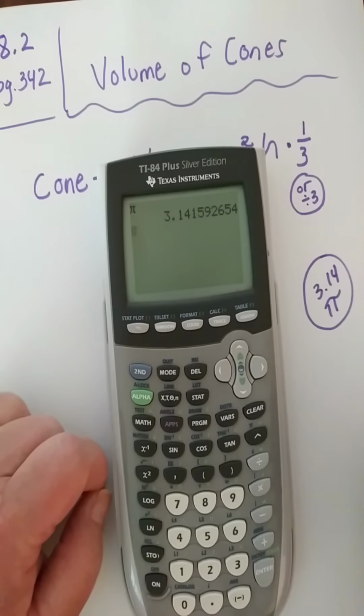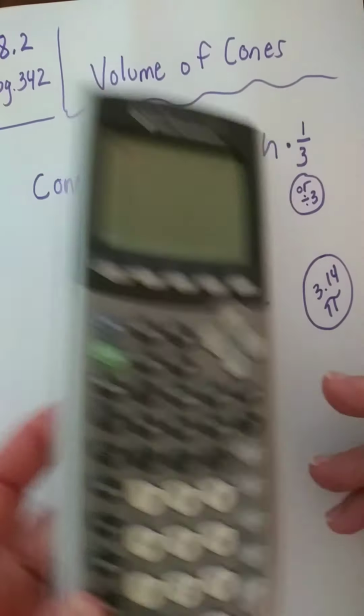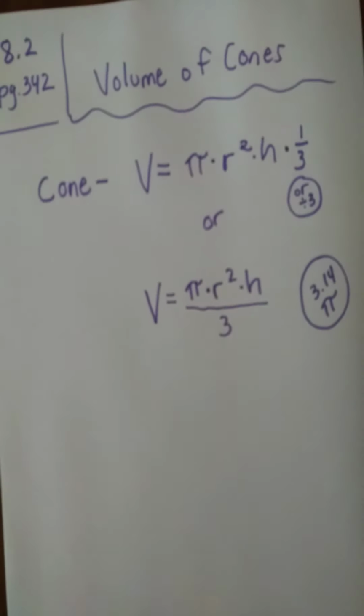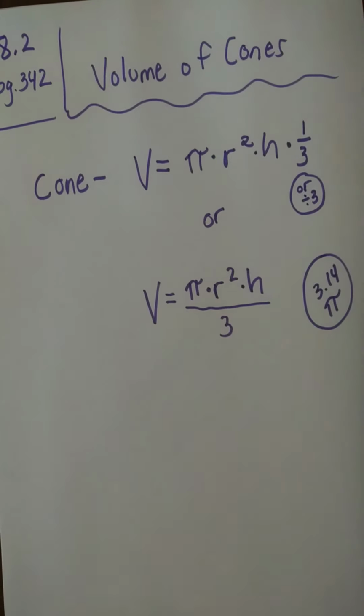That's the actual value of pi, but we're going to round it to 3.14, okay? Now, just like when we did volume of cylinders, your answers will be slightly different. As long as you're close, that's okay, all right? Because it depends on how you round and if you use pi or if you use the 3.14, so there's going to be a little bit of difference.